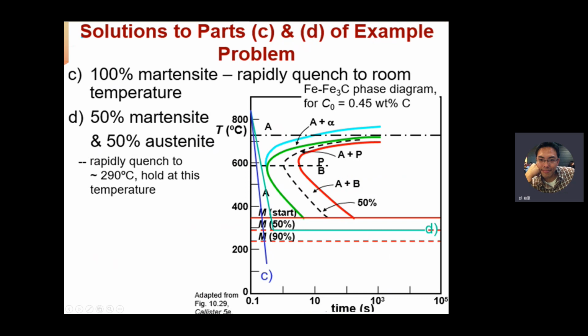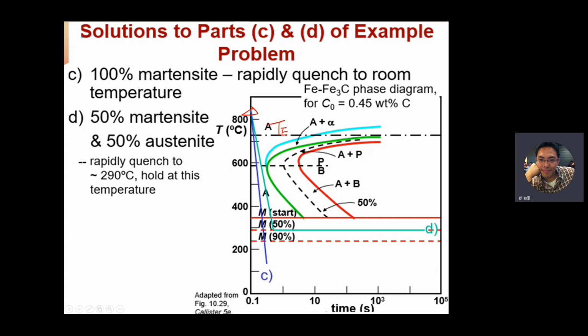Okay, so for part C, 100% martensite, rapidly cooled to room temperature. You can look at this TTT diagram, right? Initially, the temperature is above the TE, right? The initial temperature is right here, and this is TE, say 727 Celsius.